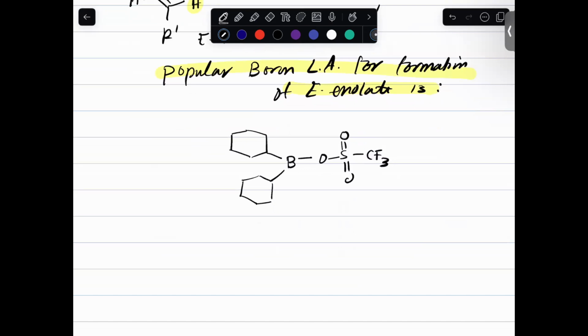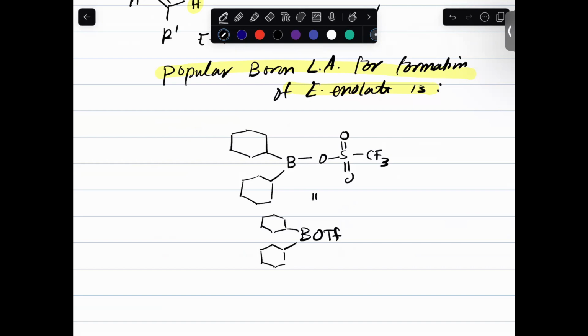And because of this, let me redraw it. When you use this Lewis acid, they're the same thing. I'm just drawing it as a no triflate. When you use it, this will always favor the formation of your E-enolate, always.